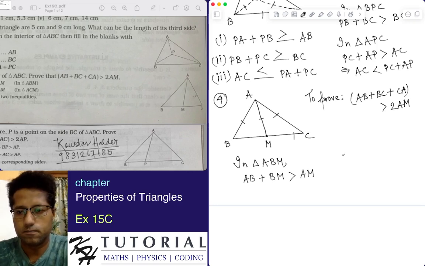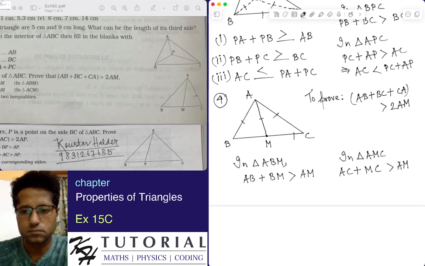Also in triangle AMC we must have AC plus MC greater than the third side, that is AM.